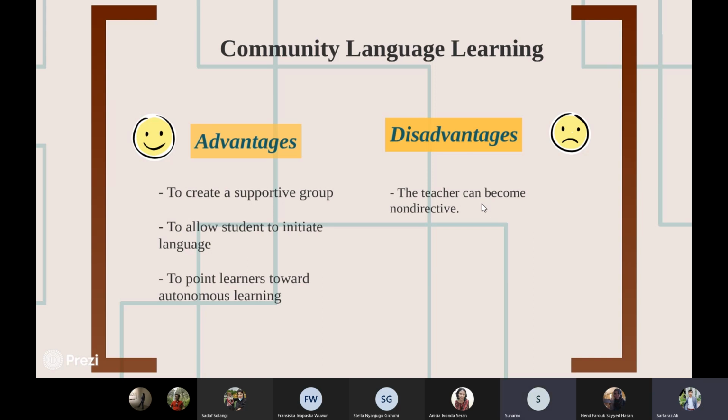Also in this chapter, two theories are contrasted as applied in two teaching methods: the audiolingual method, representing behaviorism, and community language learning, representing Carl Rogers.